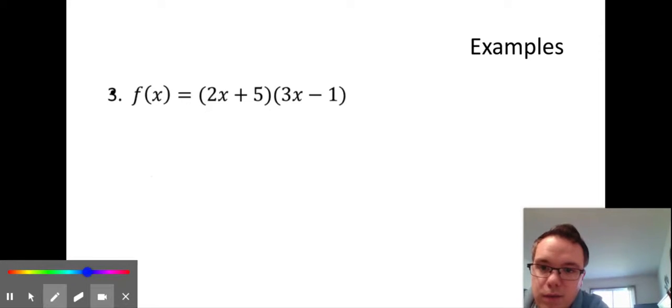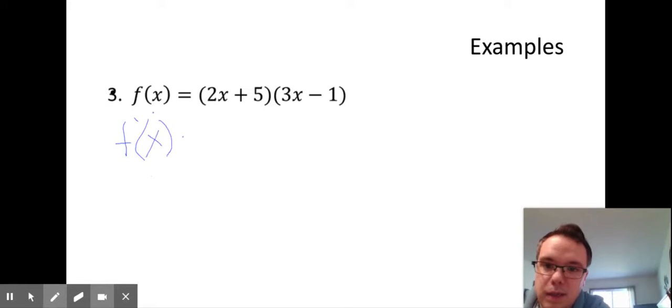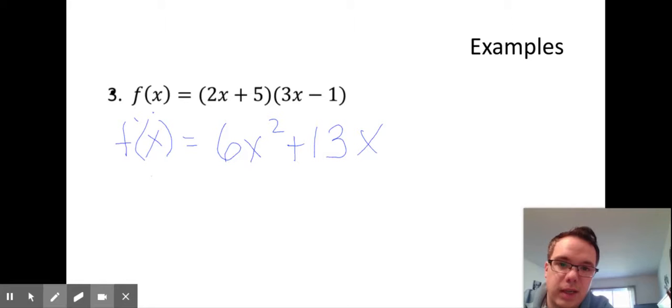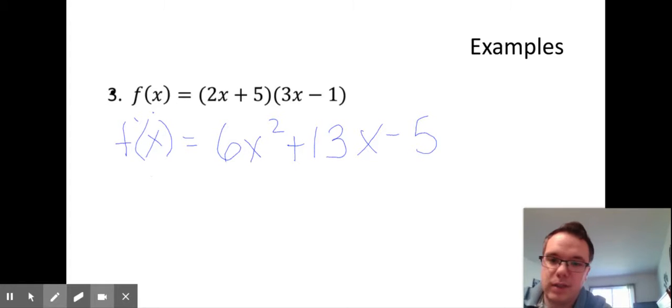If I box or FOIL this equation out, I'm going to get f of x is equal to 2x times 3x is 6x squared. 5 times 3x is 15x minus 2x, so I'm going to get plus 13x in the middle. And 5 times negative 1 is negative 5. So just box or FOIL that out, and after you're done with that, you can take the derivative.